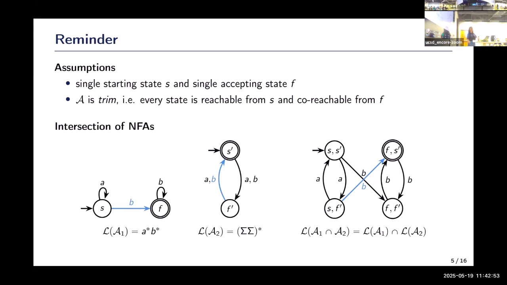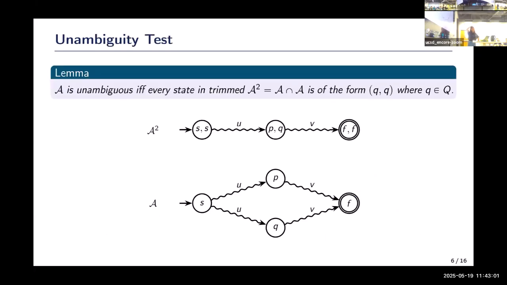Okay, so now these are basically the only tools I need to decide if I'm unambiguous or ambiguous. To decide if I'm unambiguous is super simple. I just take the intersection of the given NFA with itself, and then check if all my states are of the form QQ. Remember, in the intersection, a state is a pair of states, so PQ, for example.